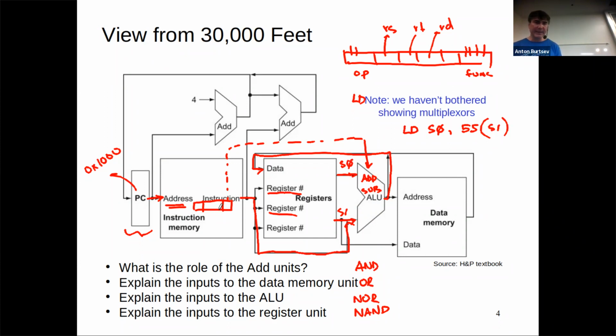If we take these bits of 55 out of this instruction and send them as input to this ALU, and the second input is register S1, which we selected from the register file, this ALU will compute the address, which is S1 plus 55, and after some period of time we'll get the result back and put it into S0, for example, right? At a high level, it might work this way, and this is how we're going to build it.